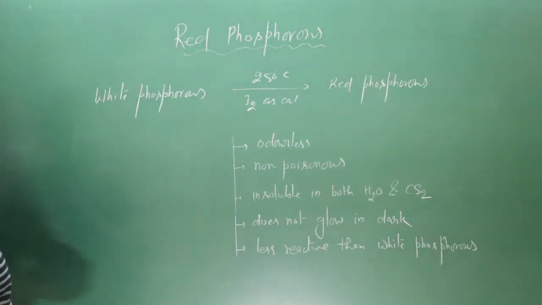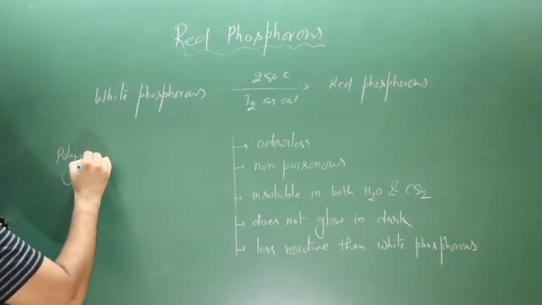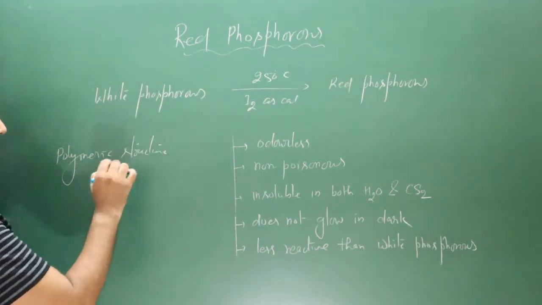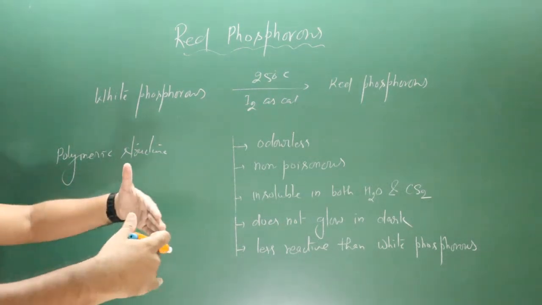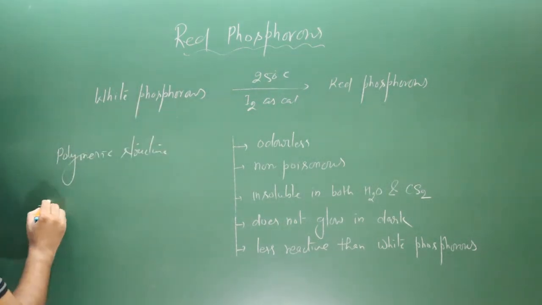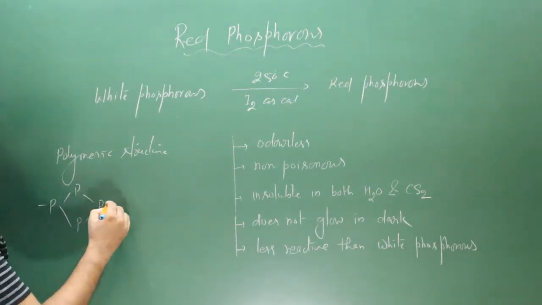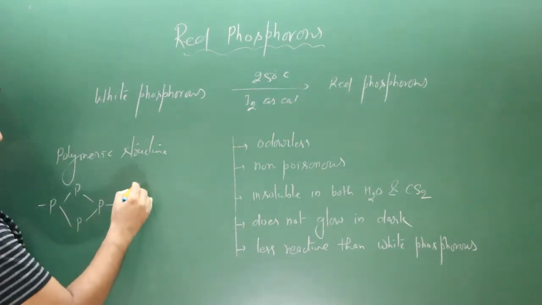Now we talk about the structure. See, it has a polymeric structure. One tetrahedral unit is connected with another tetrahedral unit and a long chain is formed. For example, we have phosphorus, and they are connected via phosphorus linkage.